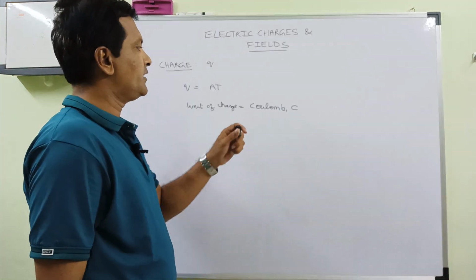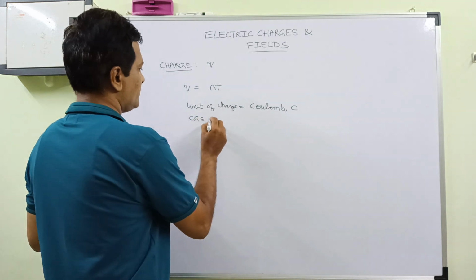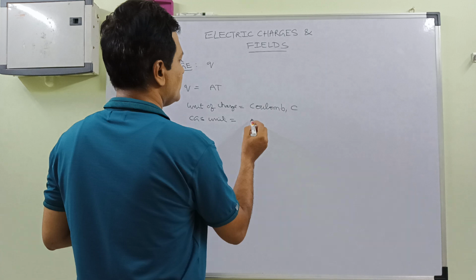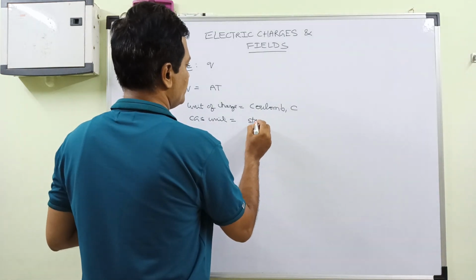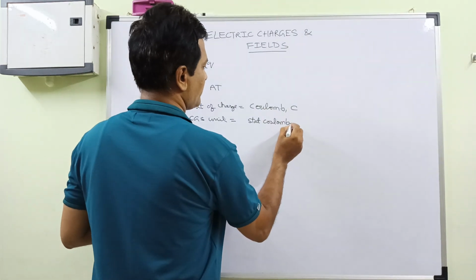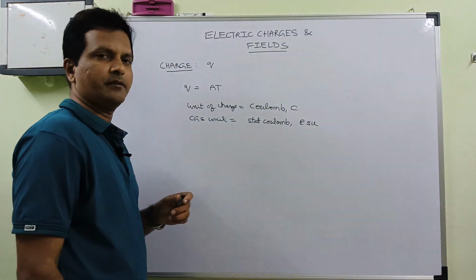And the CGS unit of charge is stat coulomb, or we can say ESU, electrostatic unit.